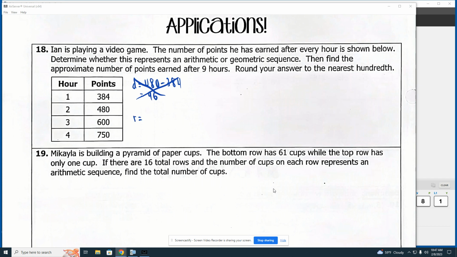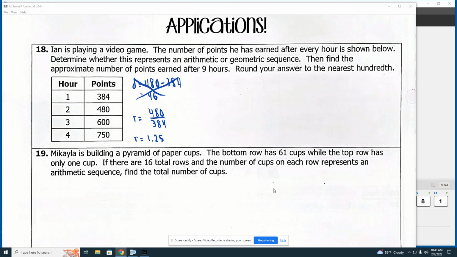Let's check it. 480 divided by 384. Go type that in your calculator. Tell me what you get. So let's check to see if it's multiplying by 1.25 every time. Go 480 times 1.25. What do you get? There it is. So I know for sure it has to be geometric.